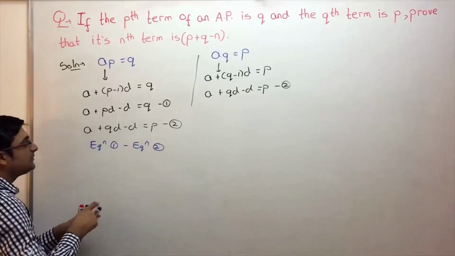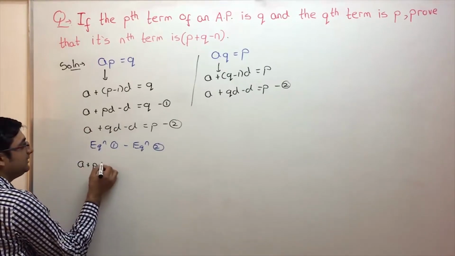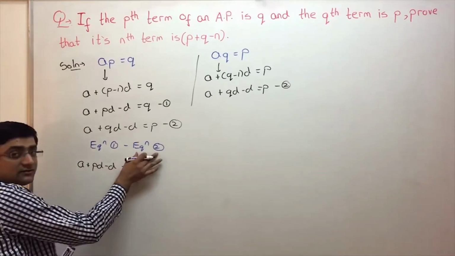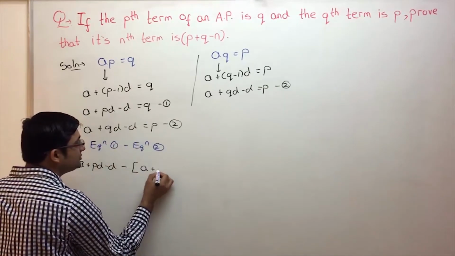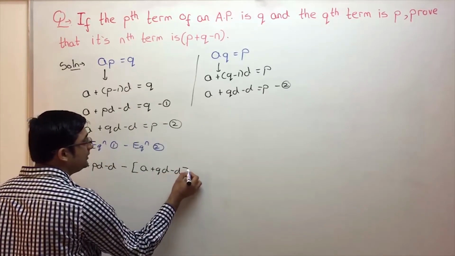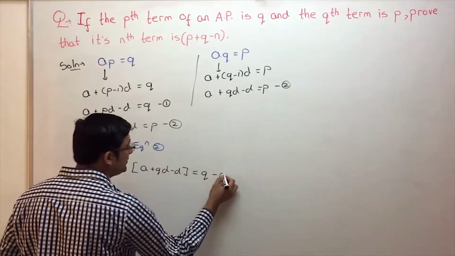So equation 1 minus equation 2 means LHS of equation 1, A plus PD minus D, minus LHS of equation 2. Remember, minus sign, hence a bracket. The LHS of equation 2 is subtracted, and equals RHS of equation 1 minus RHS of equation 2.